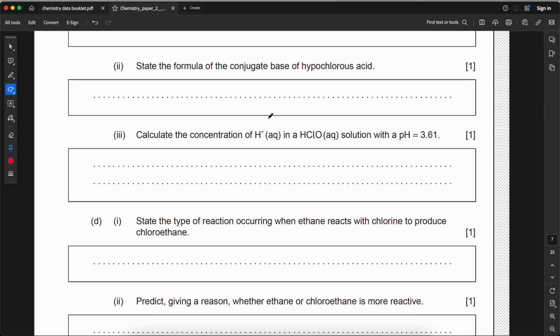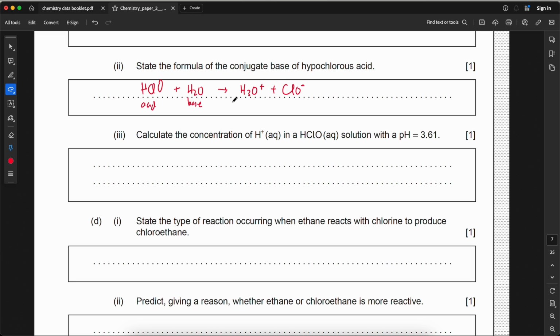State the formula of the conjugate base of hypochlorous acid. Hypochlorous acid HClO, when it reacts with water, will produce H3O+ and ClO-. So this donates a proton, so it reacts as an acid.